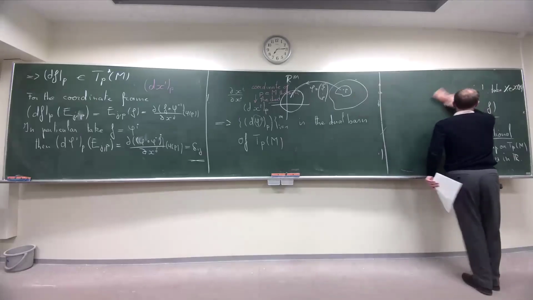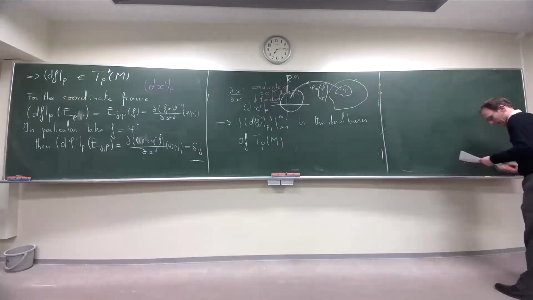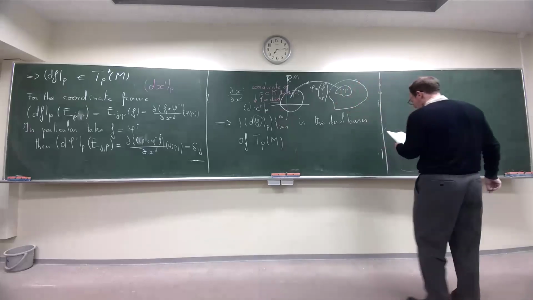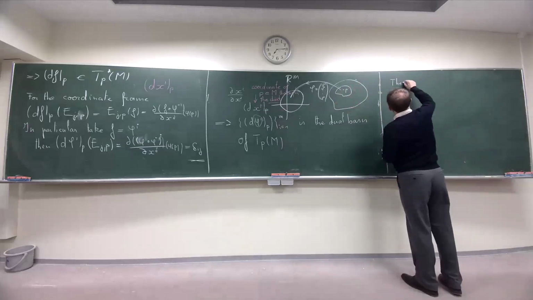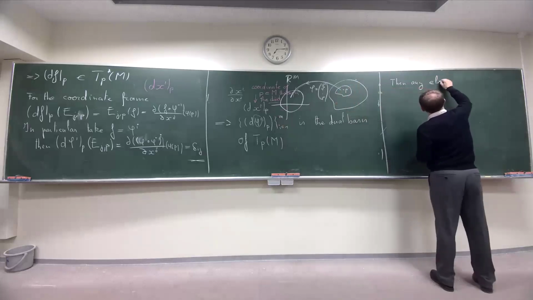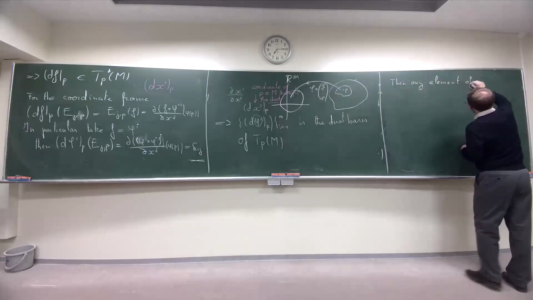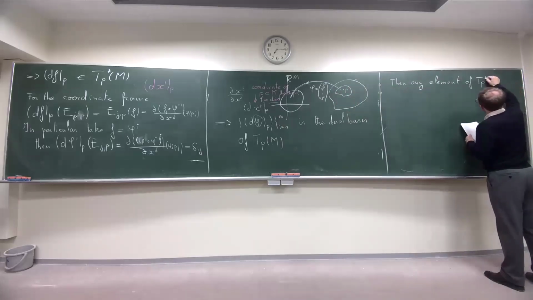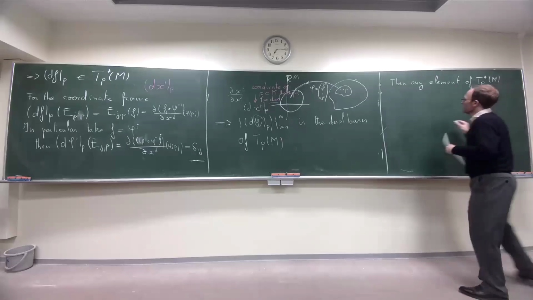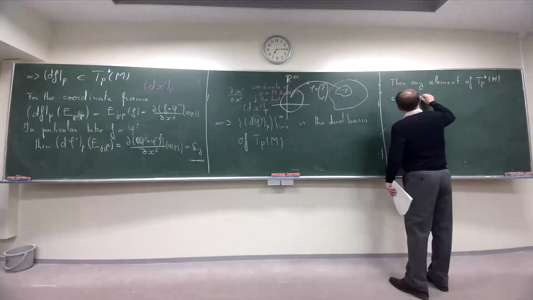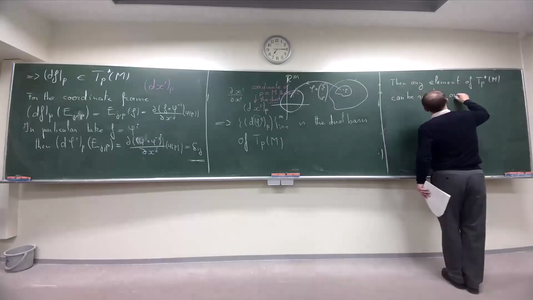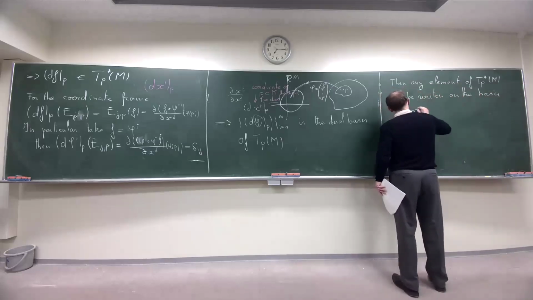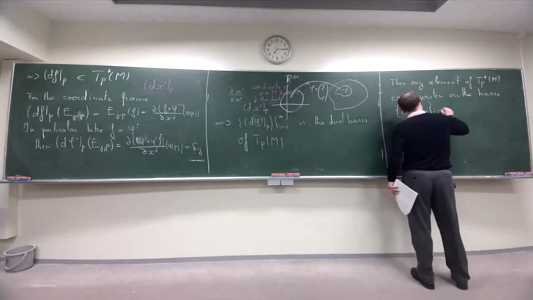So I'm going to write exactly the same. Once we realize that this is indeed a good notation for the dual basis, then any element of T_p star of M can be written on the basis which is given by dx_i at p for i from 1 up to m.